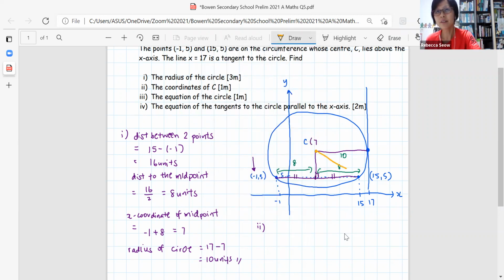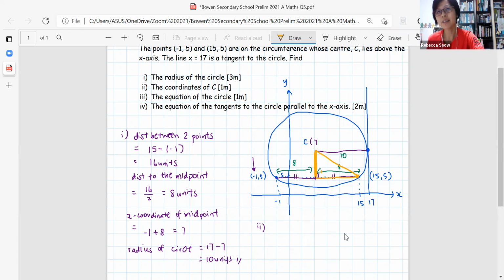Here, down. So this also makes the radius 10. This makes 8. And from there, we will be able to find this vertical height, which I'm going to make a little more bold.